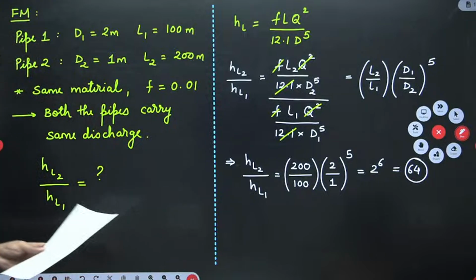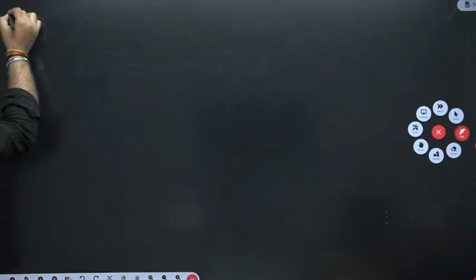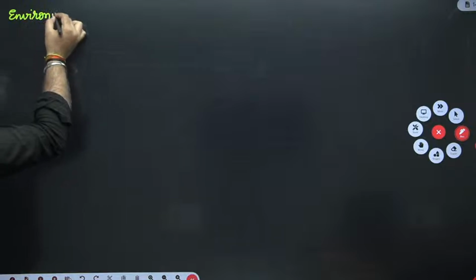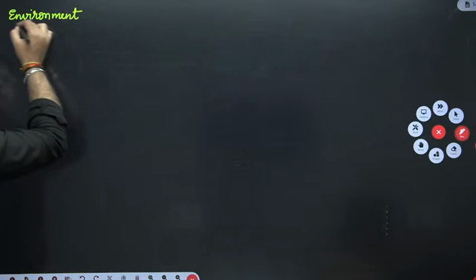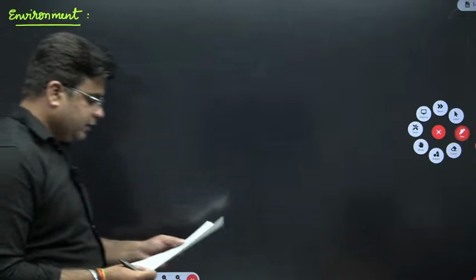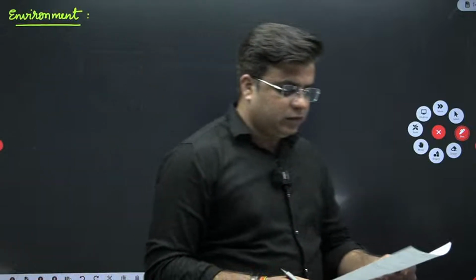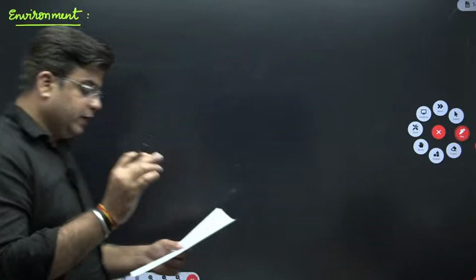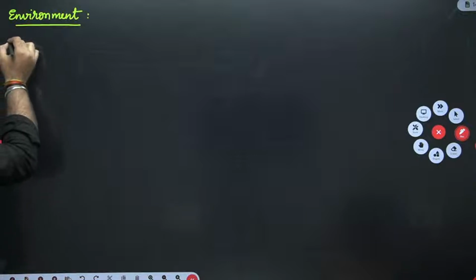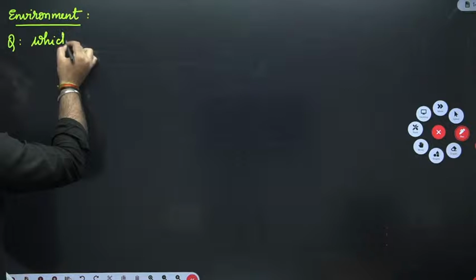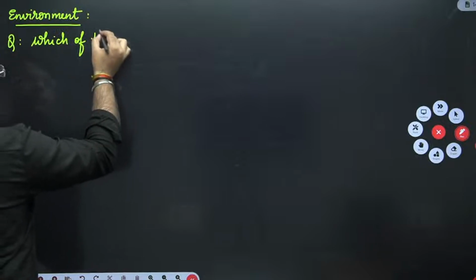Next is the question of environmental engineering. They are asking: which of the following methods is not used for treating highly organic waste?